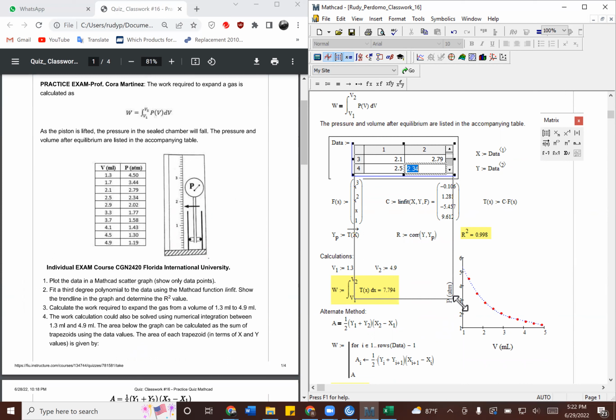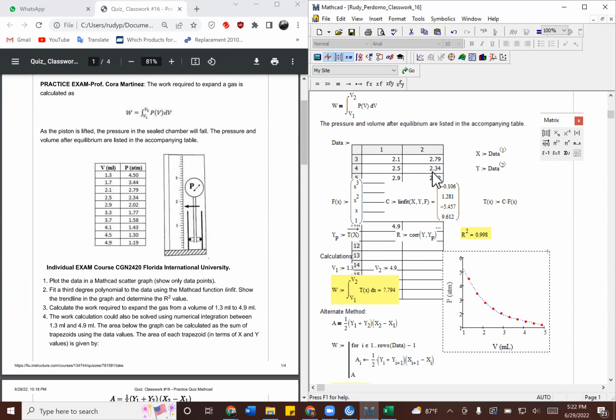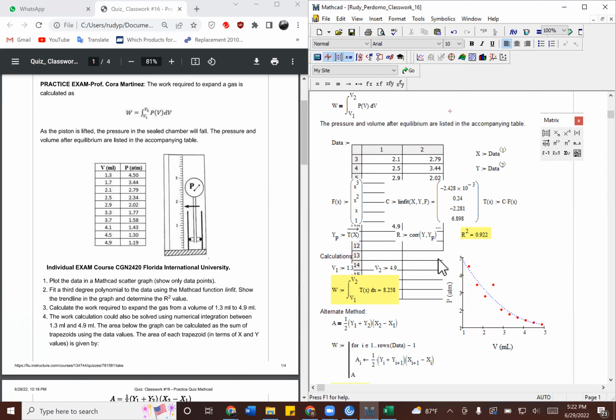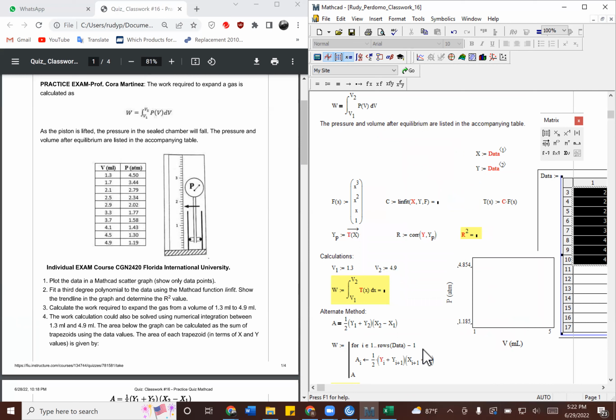That's right. Wait, hold up. Then how did I get the same answers as her? I'm confused. And then the one after that, it should be 2.79. Hold up. I think you have that wrong. Where am I getting these numbers from? Yeah, your numbers are off by a lot.